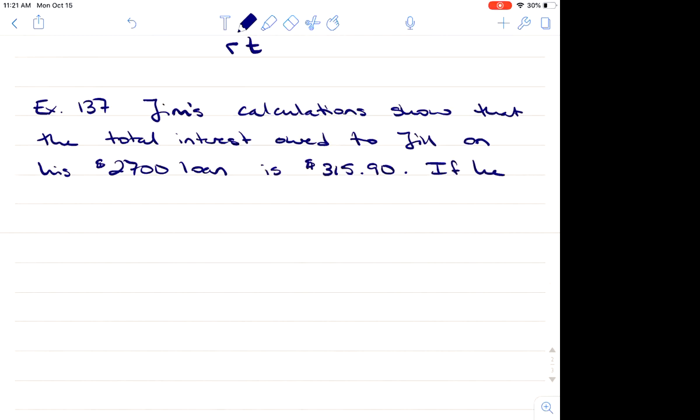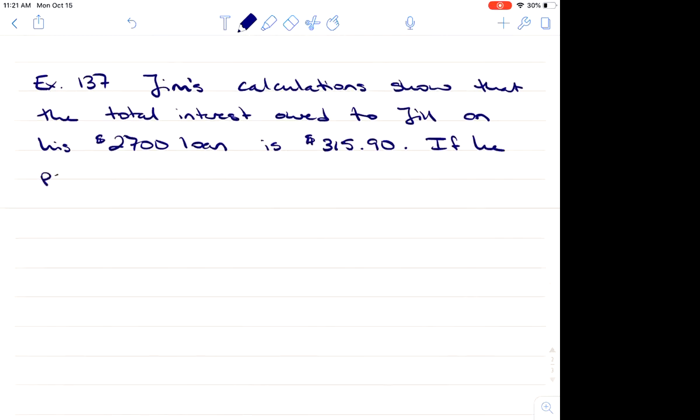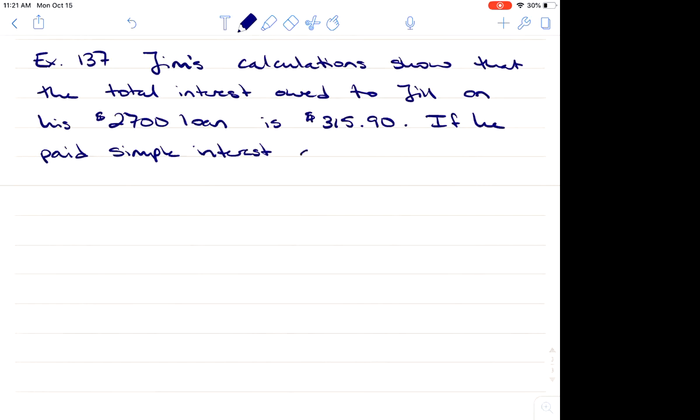If he paid simple interest at the rate of 0.9% per month, okay, one of those scenarios, right, should be kind of noticing, okay, that rate is not per year, so that's the first thing I need to deal with, right?